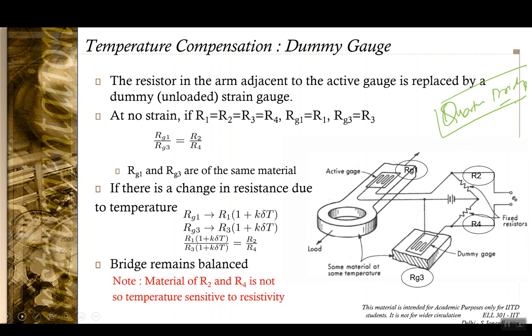And what should be noted, however, is that the other two resistances R2 and R4 should either be made of material that are not temperature sensitive, the resistance should not be so temperature sensitive, or of the same material. So R2 and R4 be made of the same material, so you would again have K1 delta T on the other side of the equation also. So this is also balanced in that sense.